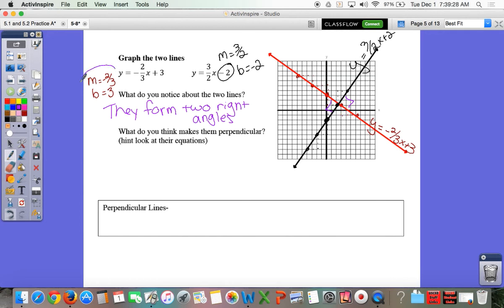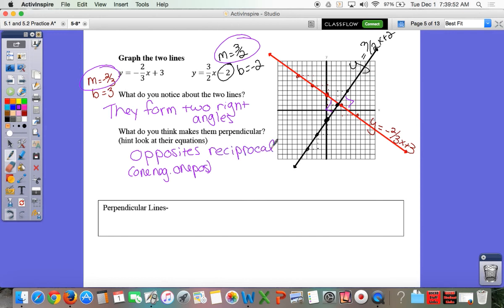Look at your two slopes. One's negative, one's positive. Oh, so they're opposites, meaning one negative and one positive. And 2/3, 3/2. Oh, they're flipped, so they're opposite and reciprocal.